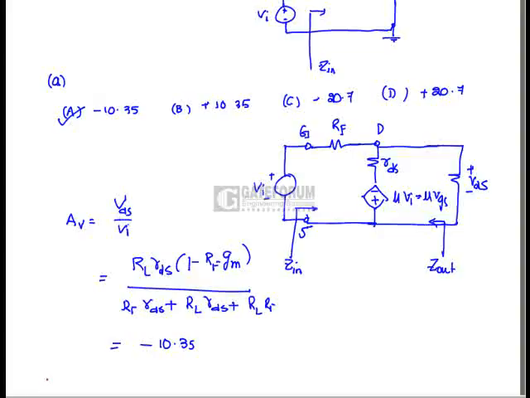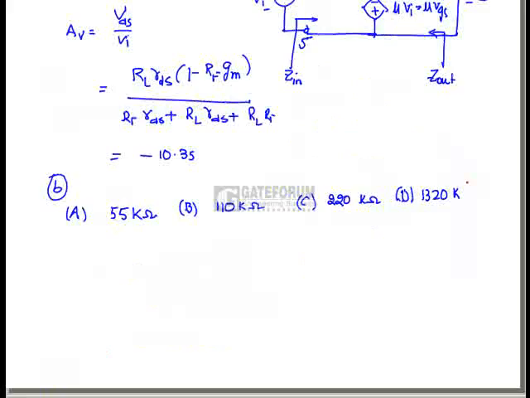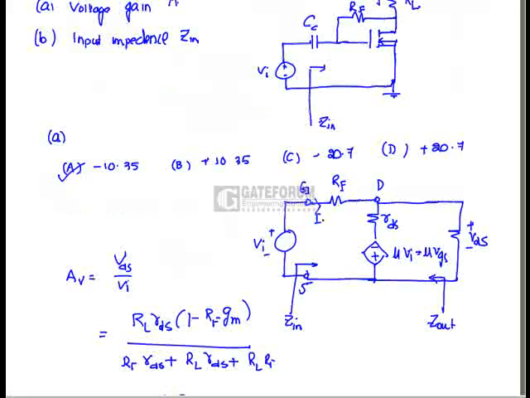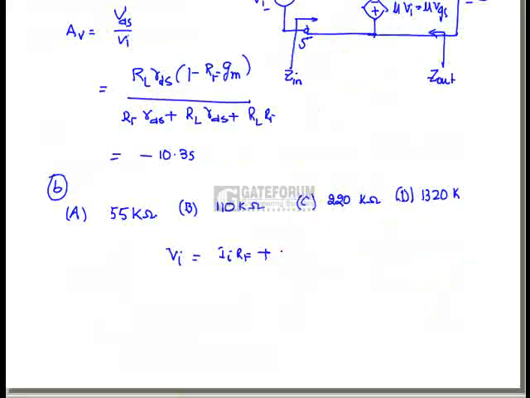Regarding part B, in order to find the input impedance in the following circuit, we need to apply KVL in the input loop, which gives Vi equals II RF plus VDS.